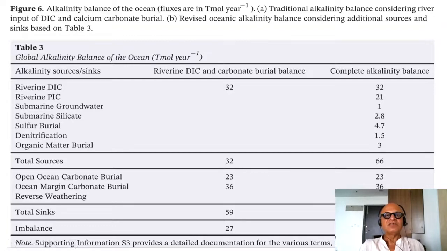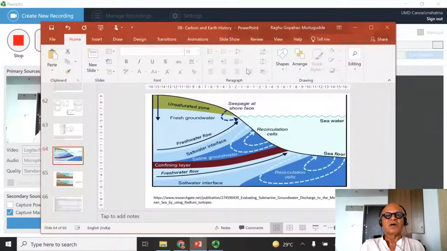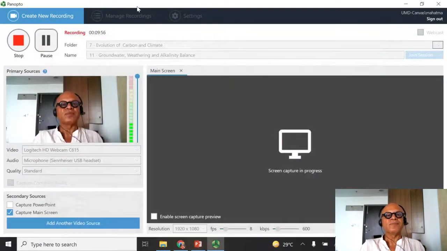Okay, so this gives you an idea that there are large uncertainties, but we have to deal with them because we are talking about geologic evolution of the carbon cycle, hence alkalinity balance as well, and how this has resulted in climate regulation along the way.